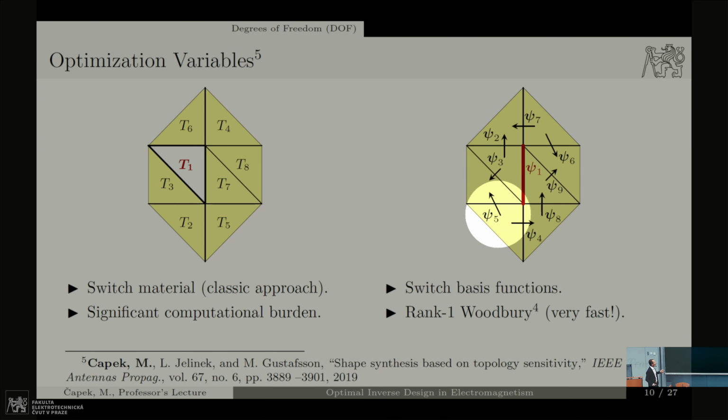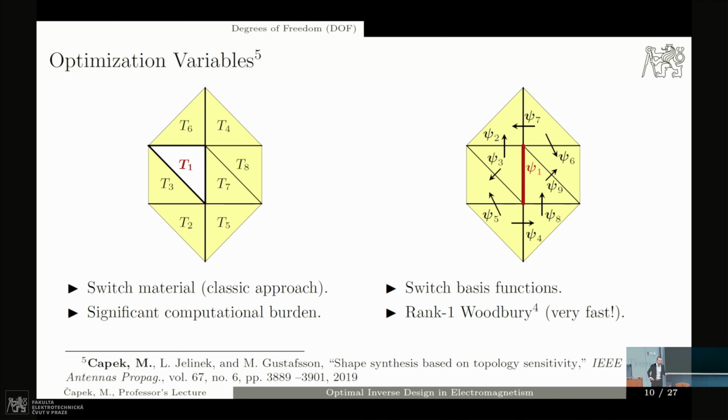Instead of that, you perturb one of the basis functions. So you don't change the geometry of that obstacle. You can see that the material is still everywhere. It's still a yellowish object. But in that case, if you switch on or off just one basis function, you perturb only one column and one row of your matrix.